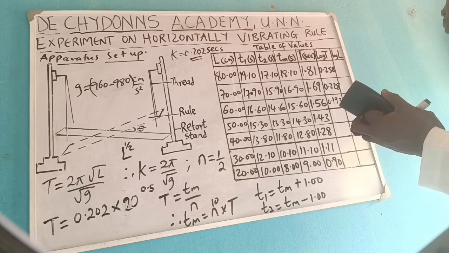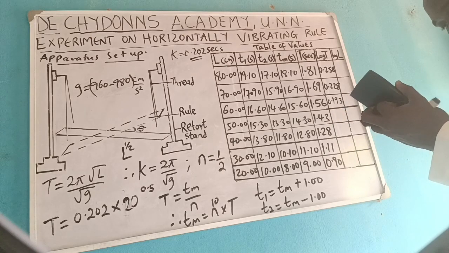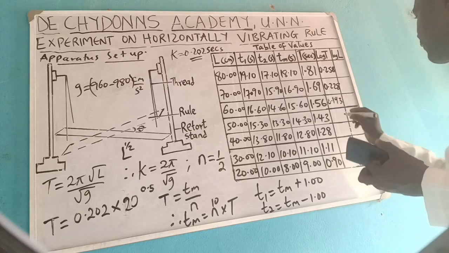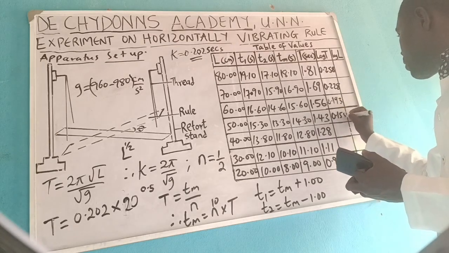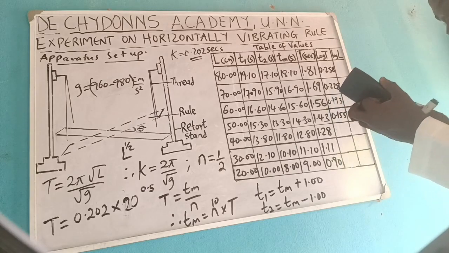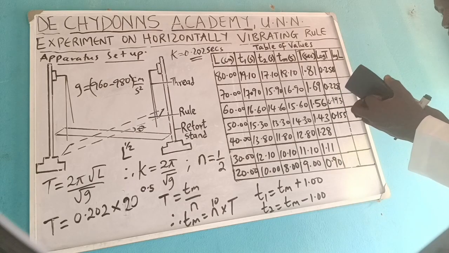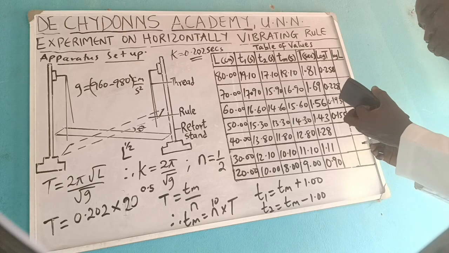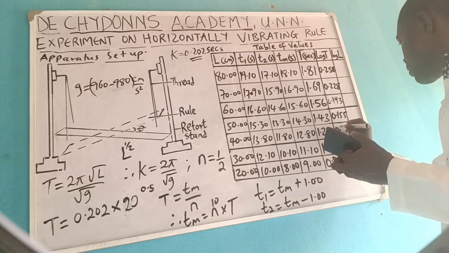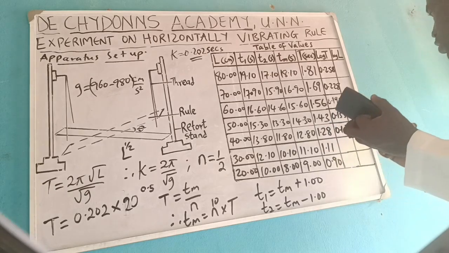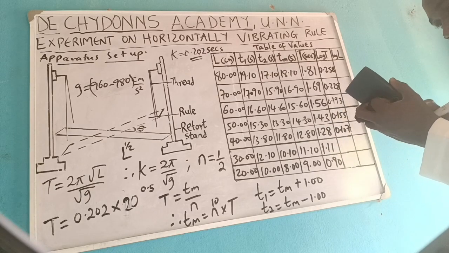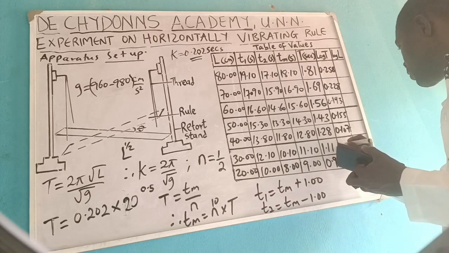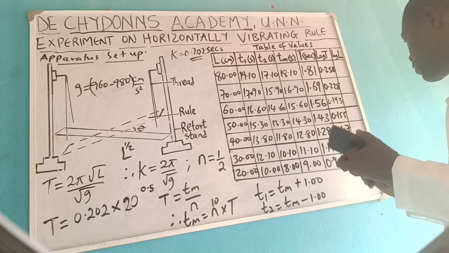Log 1.43 is 0.155. Log 1.28 is 0.107. Log 1.11 is 0.045.